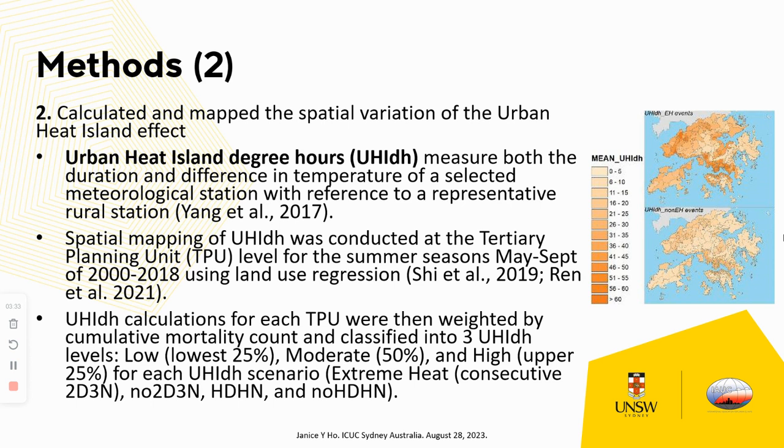We then took these spatial mappings, and across the entire Hong Kong, weighed all of these TPUs by cumulative mortality count, and then classified it into 3 levels of urban heat island degree hours. This included the lowest 25% of mortality counts, the moderate 50%, and then the upper 25%. This was done for each of the four scenarios as mentioned earlier.